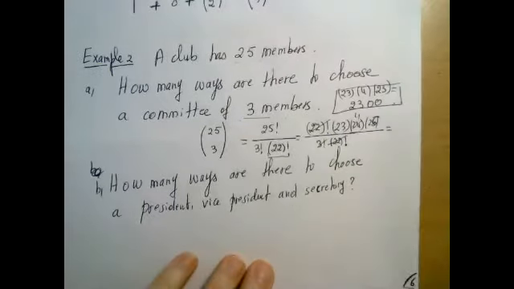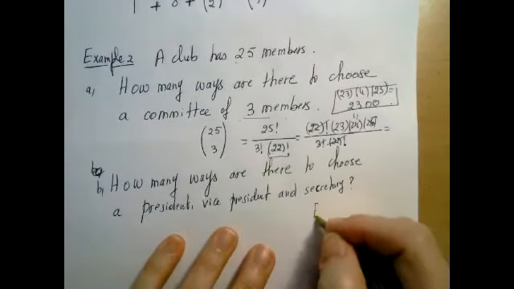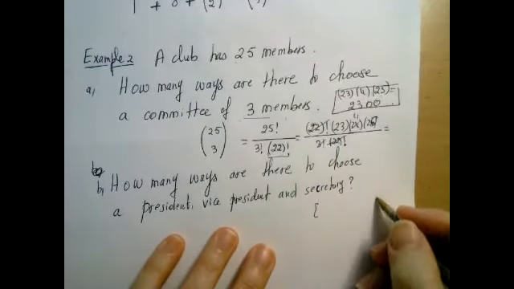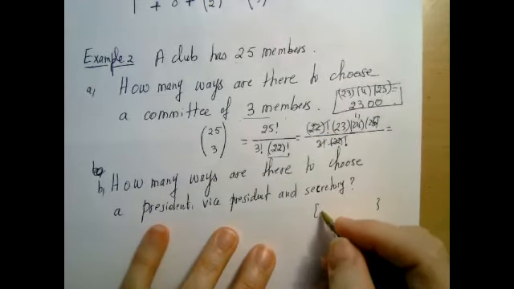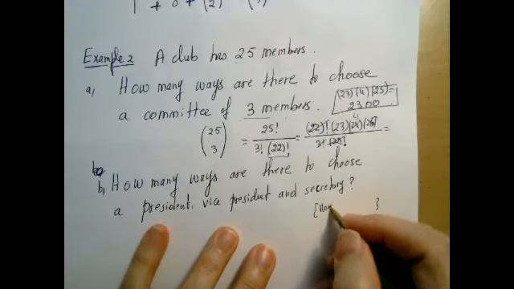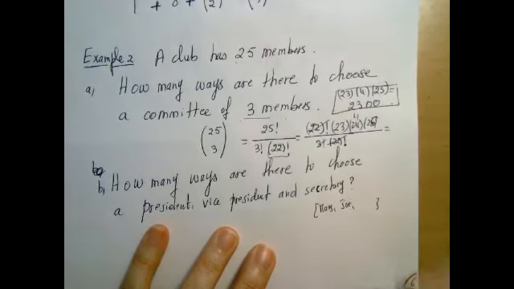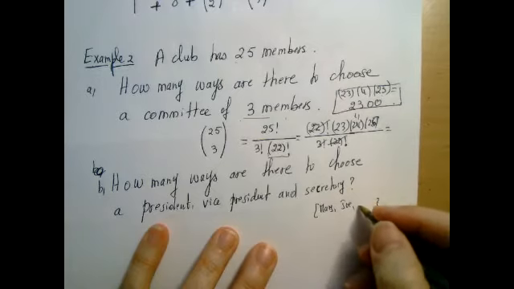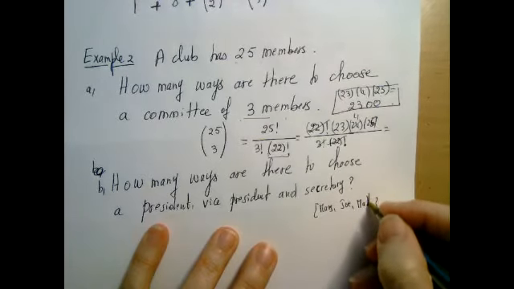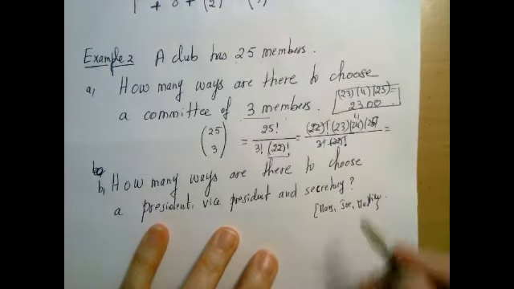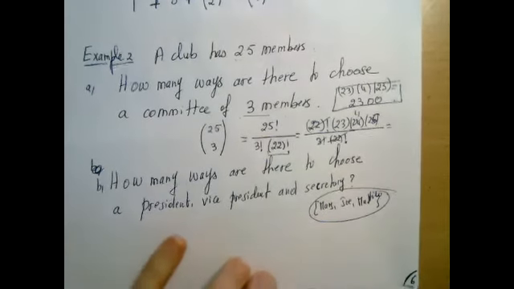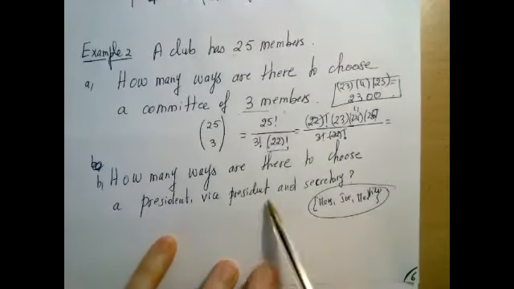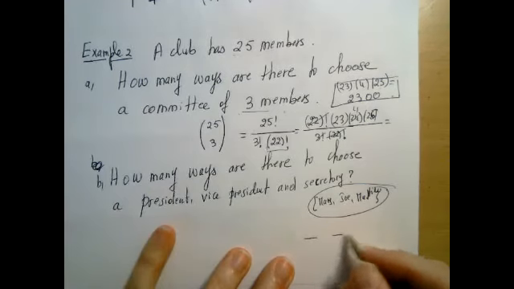So even if I have a subset, let me say the members I picked are Mary and Joe. Those are the committee. Mary, Joe, and whatever, what else? And Matthew. Okay, this is a committee. But now when I'm going to start picking them as president, vice president, secretary, the order matters.